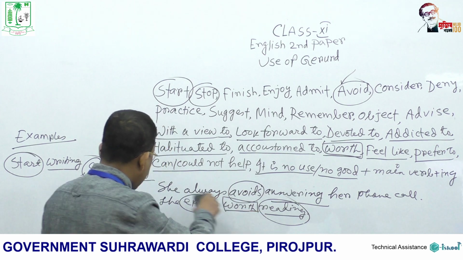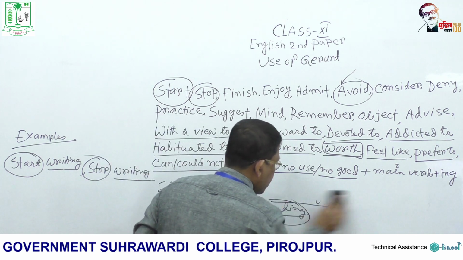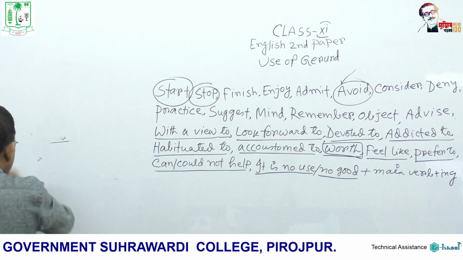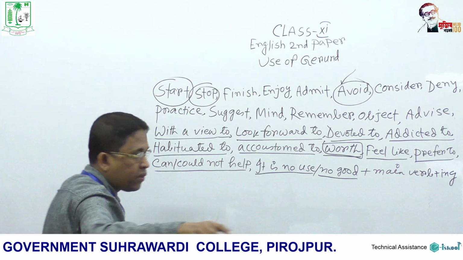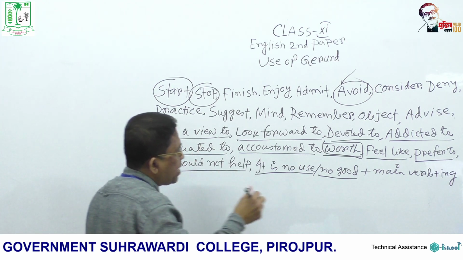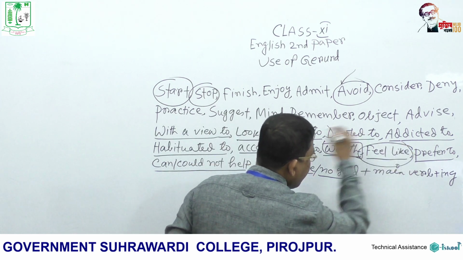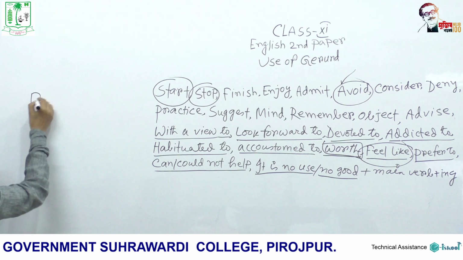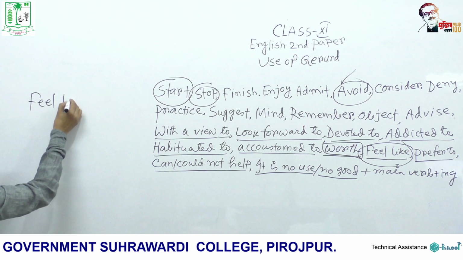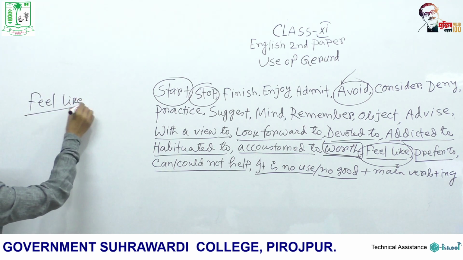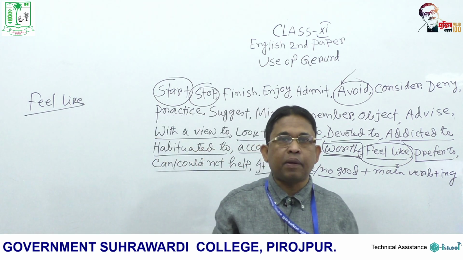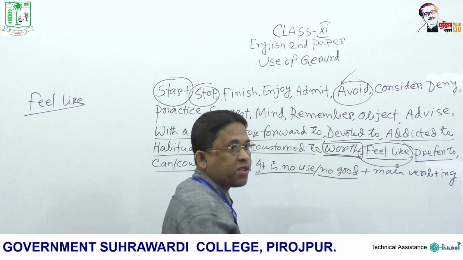Then, let me give some other examples. For example, feel like, this is very interesting. Let me write down here by using feel like or felt like. The same rule is also applicable in the case of the past form of these verbs and phrases.